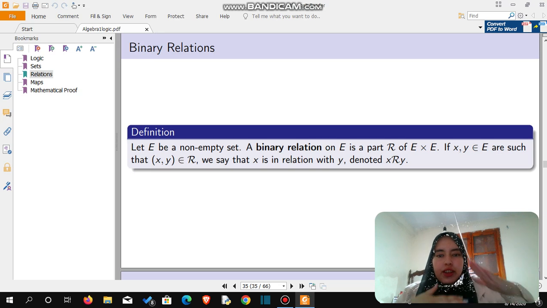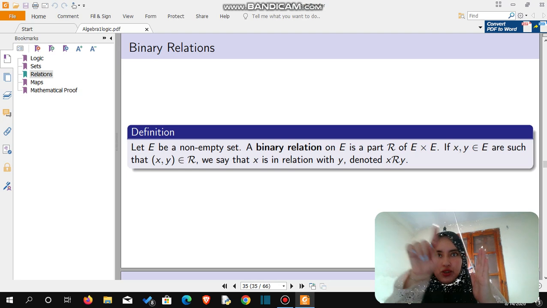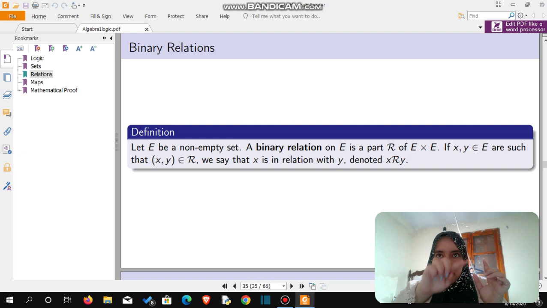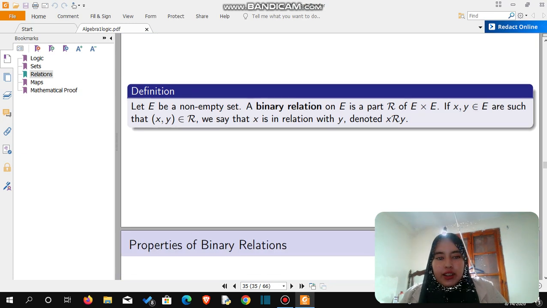So if this is E times E space, and this is an area R in it, if we take two elements from that space and they belong to that area R, we say that x and y have a binary relation.